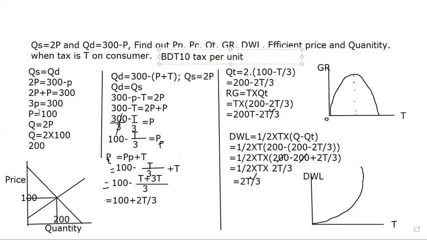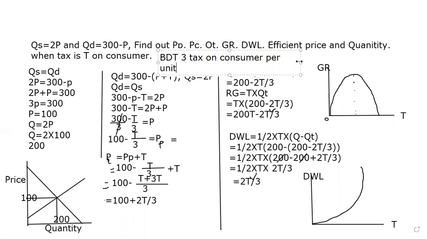This is indicated price, so price P plus 100. You can write anything different depending on our problem here. For example, 9/3 is our tax on consumer per unit.